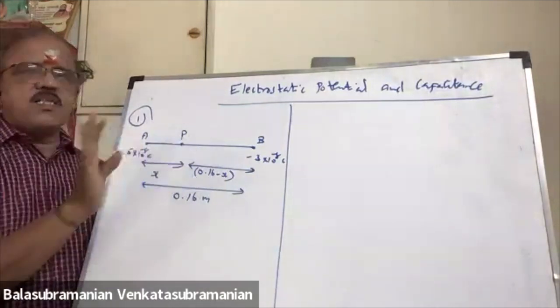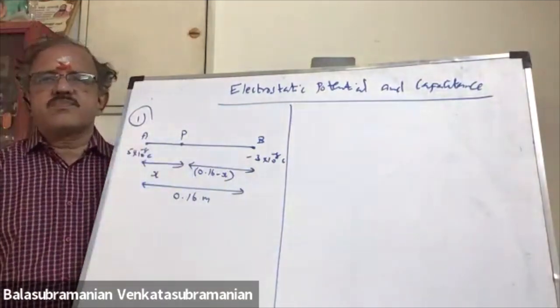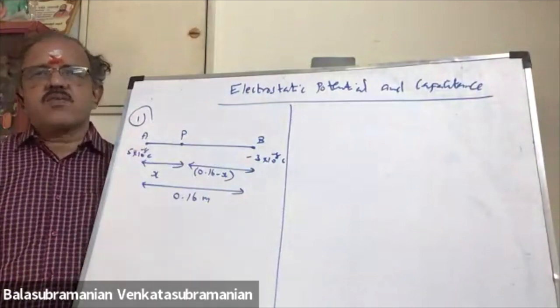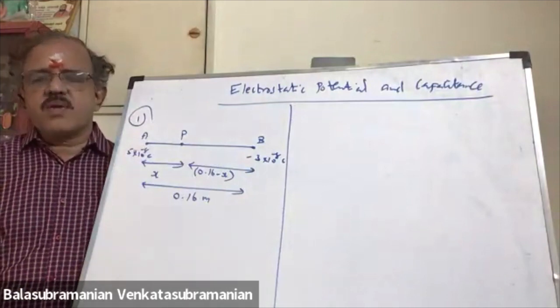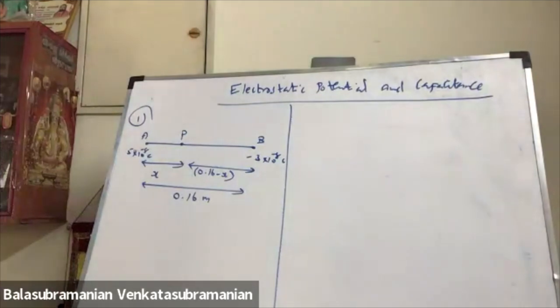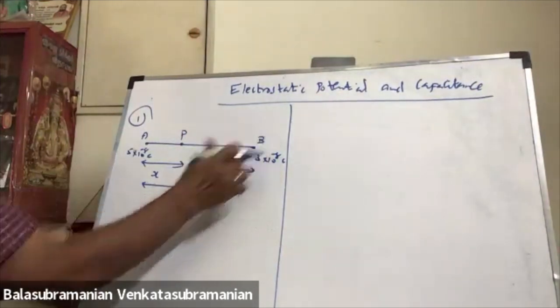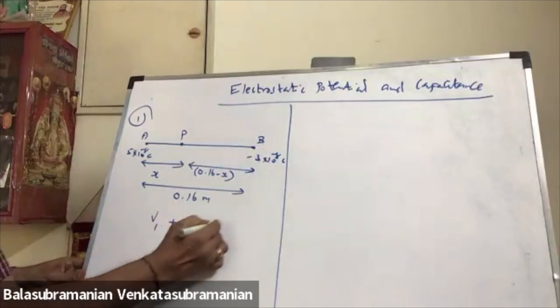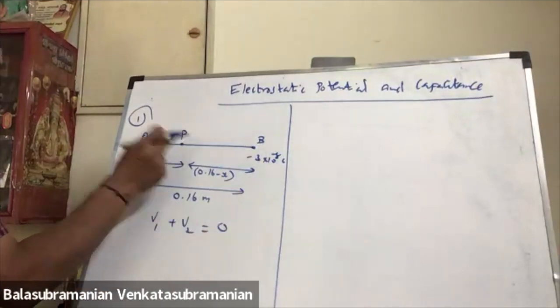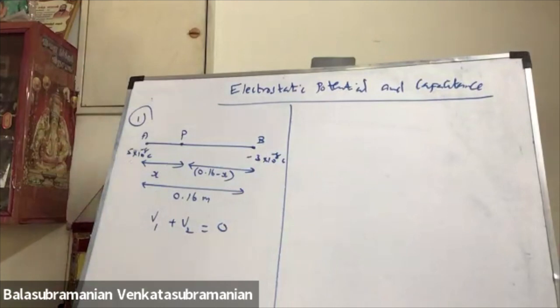The potential is 0 at the point P. You have to calculate the distance. Basic formula: potential V1 at this point, V2, V1 plus V2 is 0 at the point P. That is the concept.